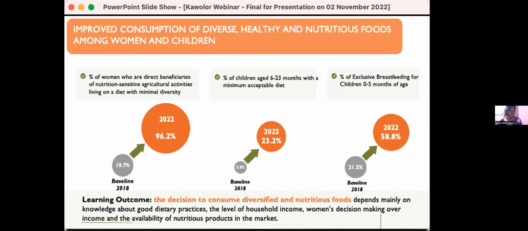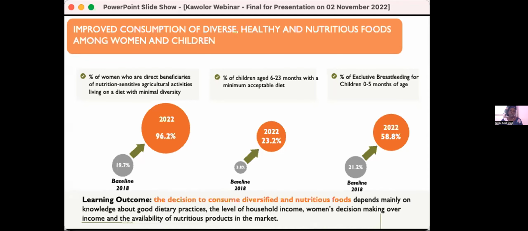You see that in 2018, at the beginning of the project, the baseline indicated that less than 20% of women in the Kawolor zone were living on a diet with minimum diversity.